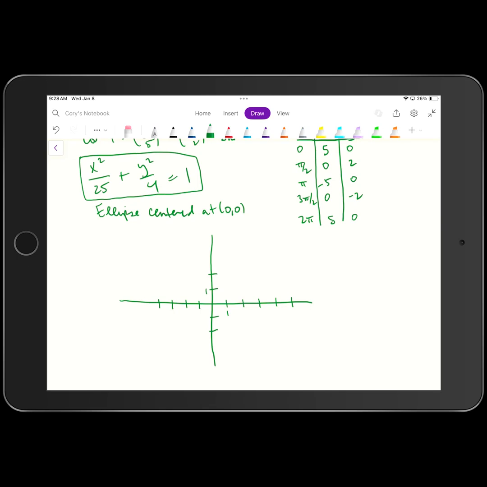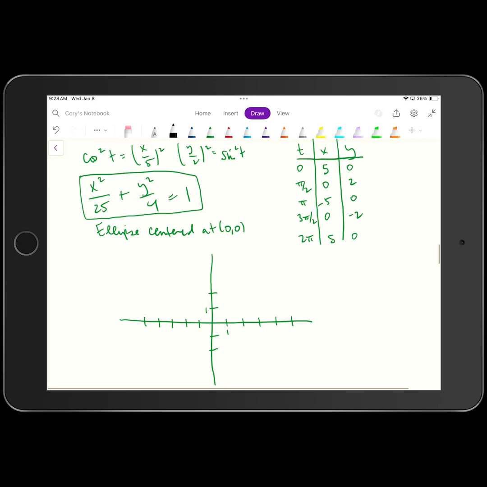Then we're going to plot our points from our x, y, and t table. So we have the ordered pairs (5, 0), (0, 2), (negative 5, 0), (0, negative 2), and then back to (5, 0). And this graph is going to look elliptical, like so.